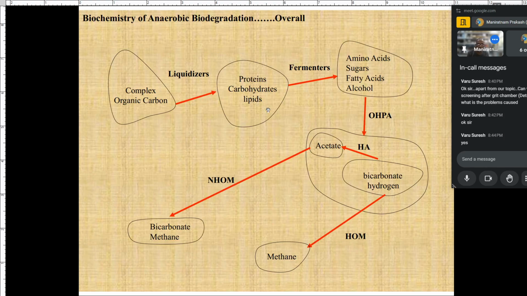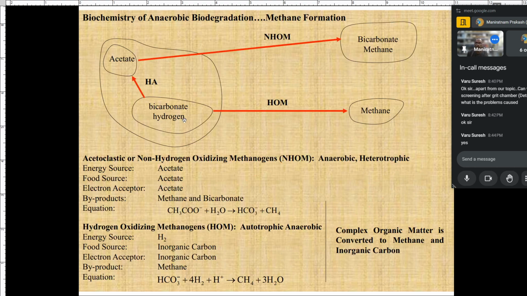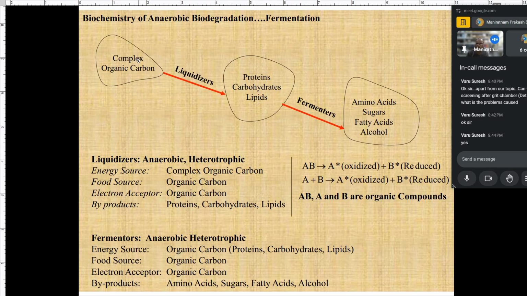This is a more organized way. We have complex organic carbon, which will be there in the form of C, X, and other oxygen. Before converting into acid, a series of steps happens.